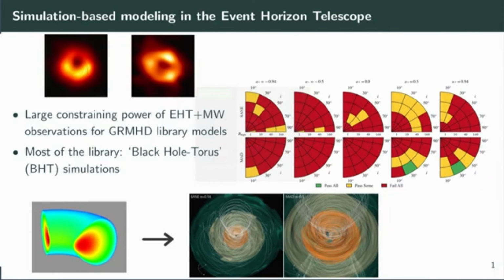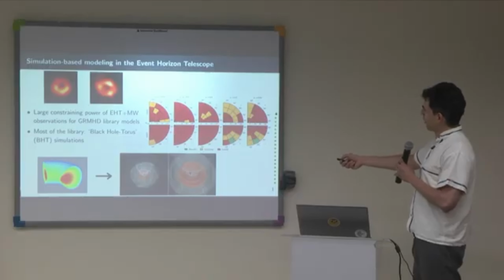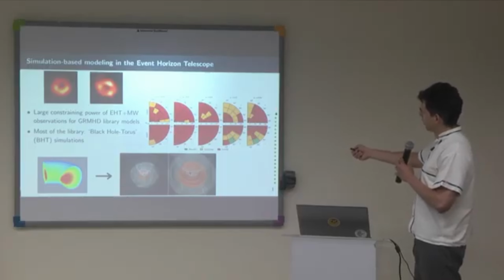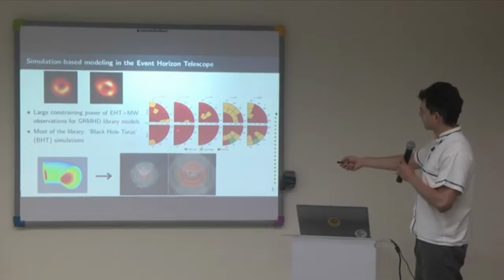But here on the top row, there are the models that belong to the category called SANE. And in the bottom row, there are the models that belong to the category known as MAD. We also have different spins in each pizza plot. There are different inclination angles.